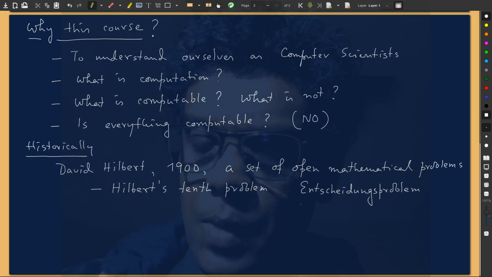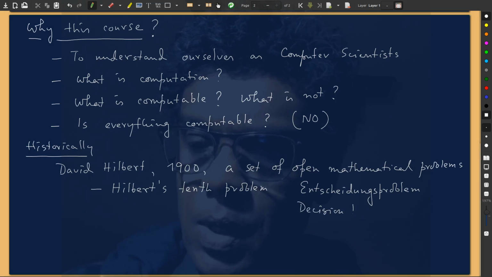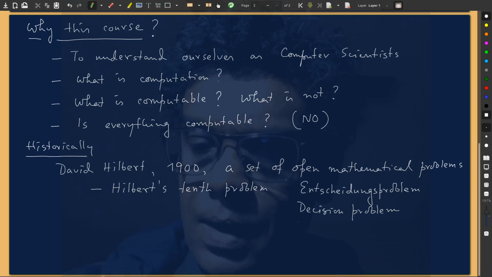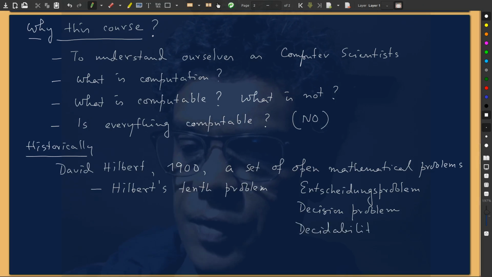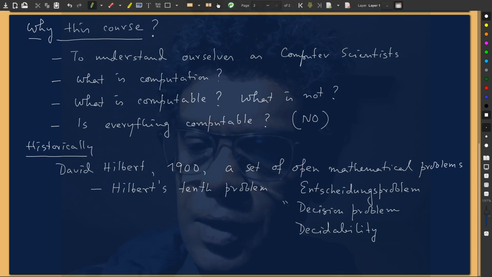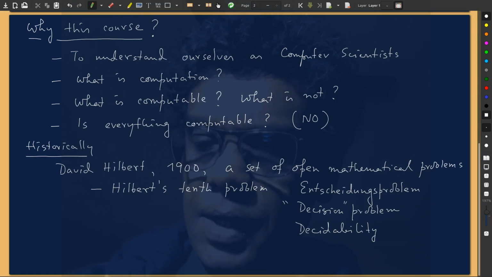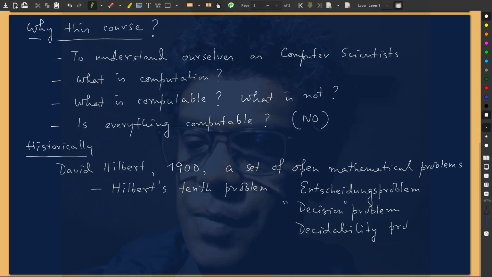In English, you may call it the decision problem in a literal translation, but we will soon use the word decidability instead of decision, because we will use this decision thing for a technical term, related of course. So it's basically the problem of decidability.